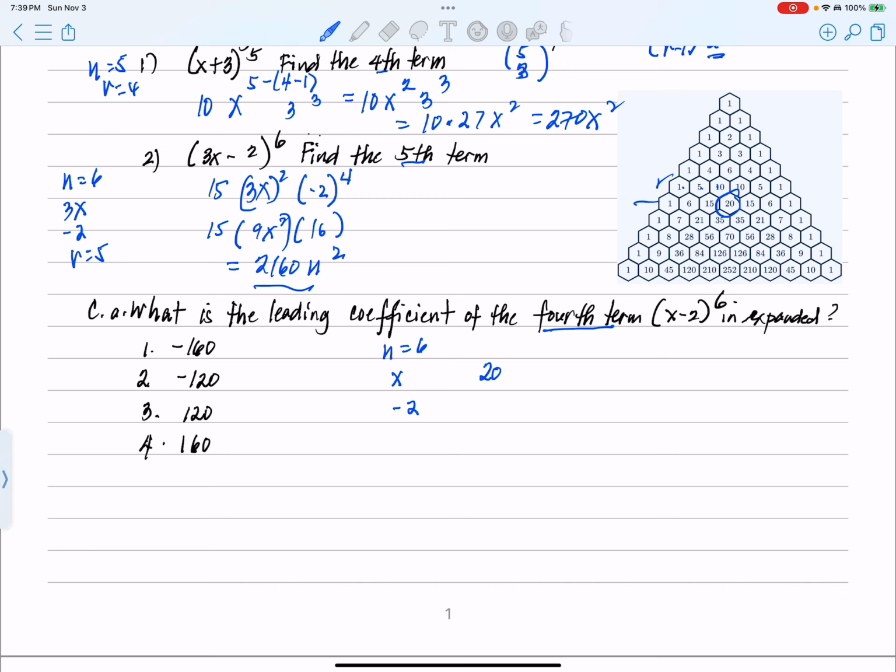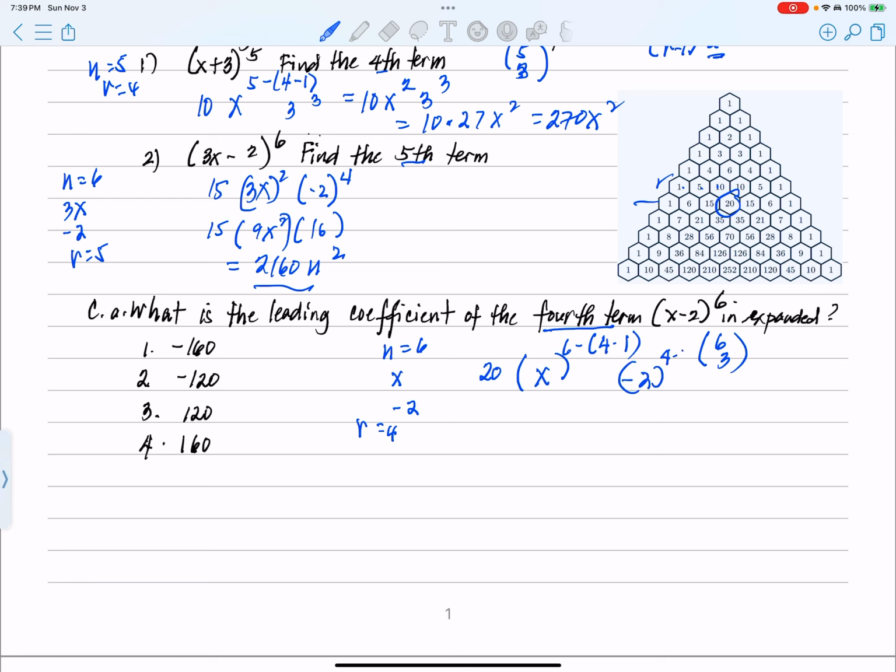And then the first term would be n, that is 6, minus r, which is 4 minus 1. Okay, wait, our r is 4, so 4 minus 1, and the negative 2 is also 4 minus 1.